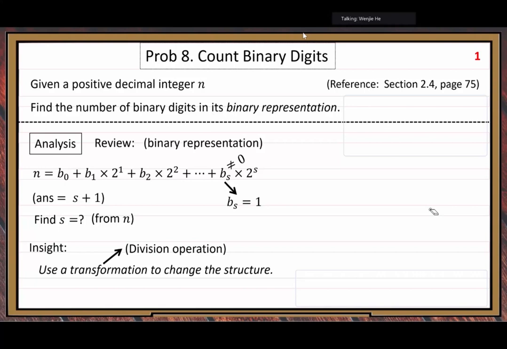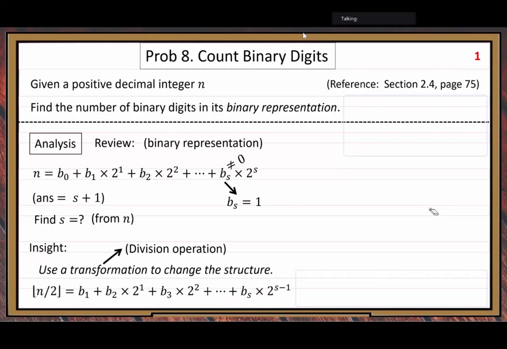So when we do division by 2, basically we maintain the same structure, right? Because when you do division by 2, the right-hand side is still a sum of terms of powers of 2. You do not change that structure. So that's why we do division by 2.